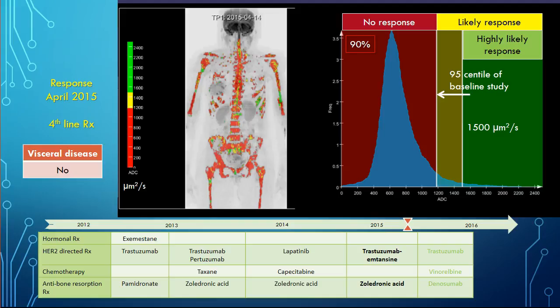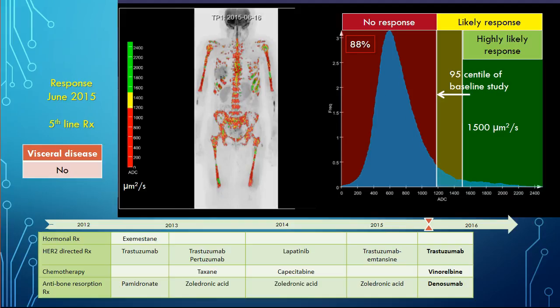So we switch her to vinorelbine chemotherapy, and we see no further response. She continues to be on chemotherapy, currently on epirubicin and denosumab. In 2017, she has developed increasing volumes of metastatic liver disease.